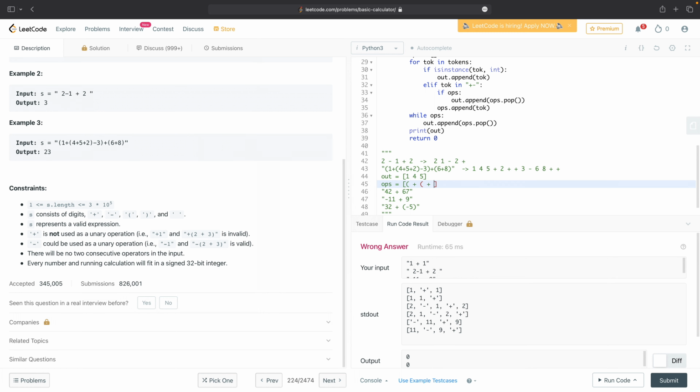And then we see a plus, so we need to move that plus over and then push the plus on. We see a 2, and then we see a closed parenthesis. So we're going to move everything from this stack down to the next open parenthesis across. That's good. We see a 3.